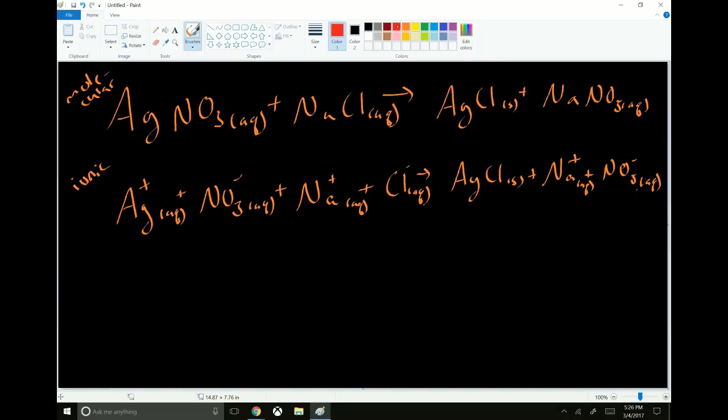Now, having written out the full ionic equation in this way, we can identify things that are the same on both sides of the reaction. They haven't changed. So they're not participating. They are spectator ions. Okay?